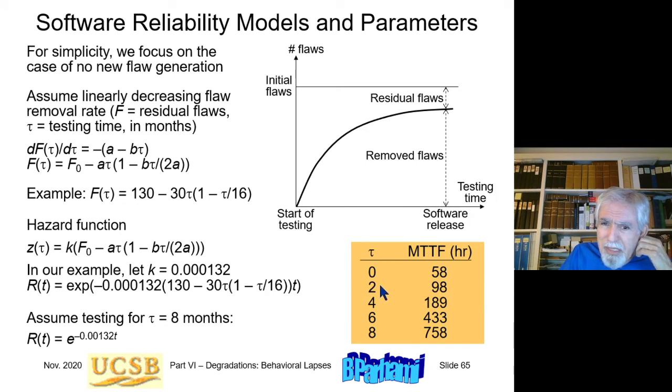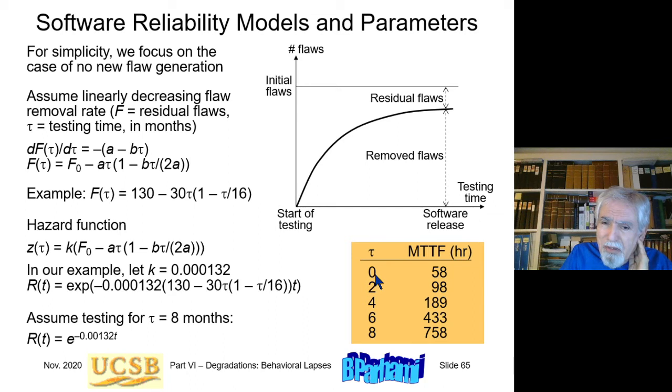Then as I increase tau, whatever unit this is, this may be 2 months, 4 months, 6 months, 8 months, or 2 weeks, 4 weeks. Doesn't matter what it is. This is just relative comparing these numbers. So if I do 2 months of testing, let's say, mean time to failure becomes 98. So it increases.